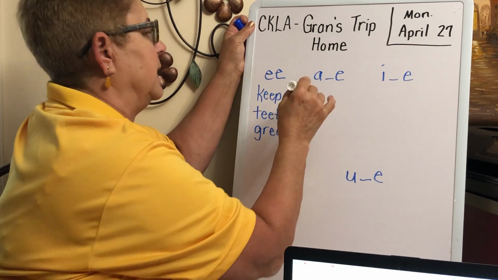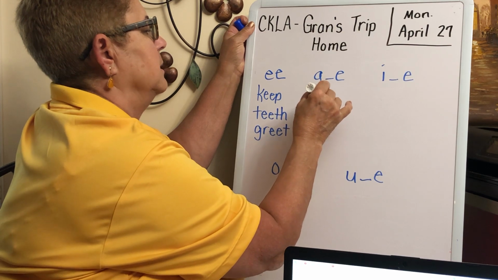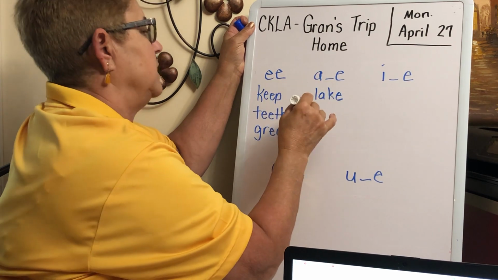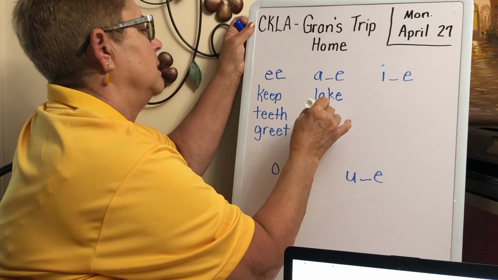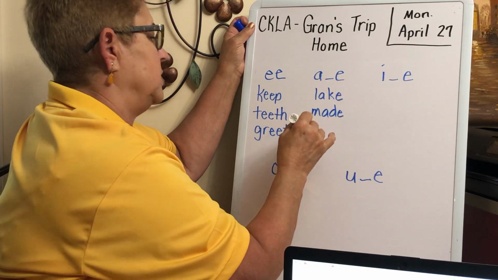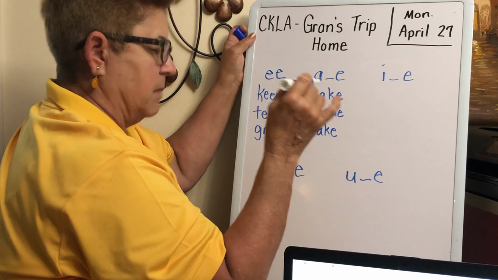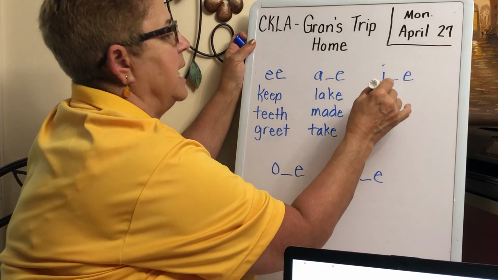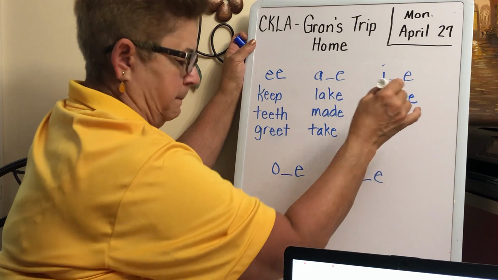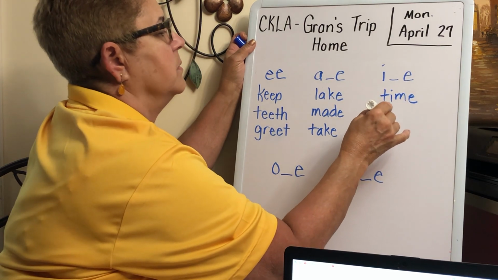And then for A, we had lots of them. We did lake. We did made. And we did take. Remember, I asked you to keep up with these so that you can remember what they are. For I blank E we did time. We did smile.